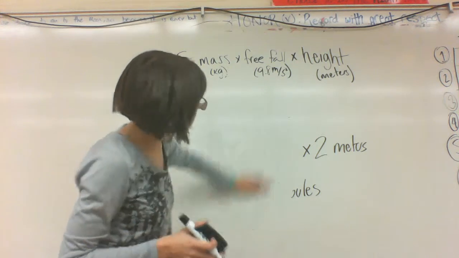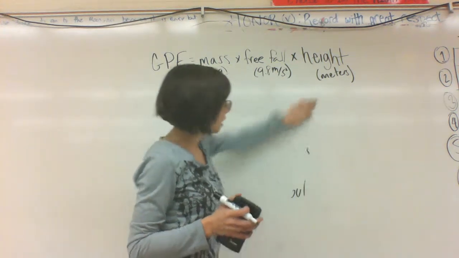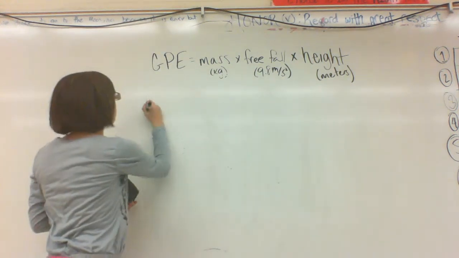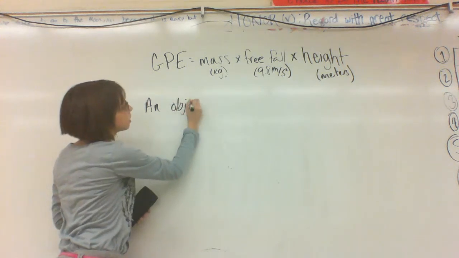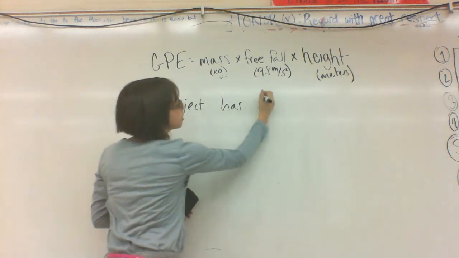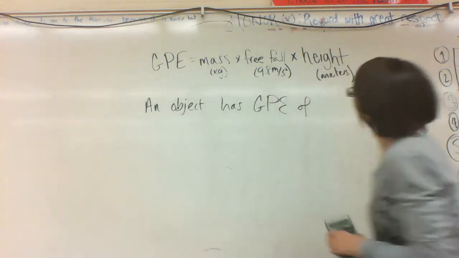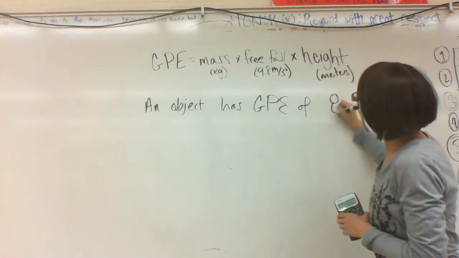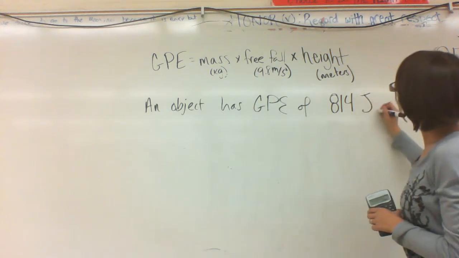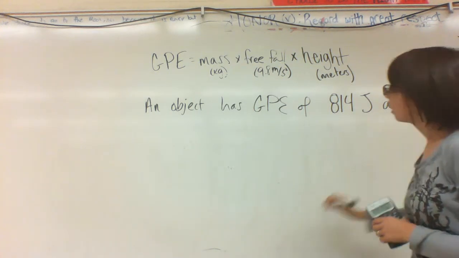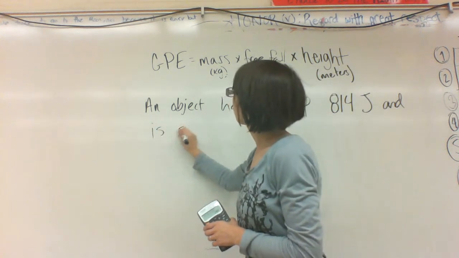So let me just write this down really fast. An object has a GPE of, let's say, 814 joules, and is suspended 4 meters above the ground.